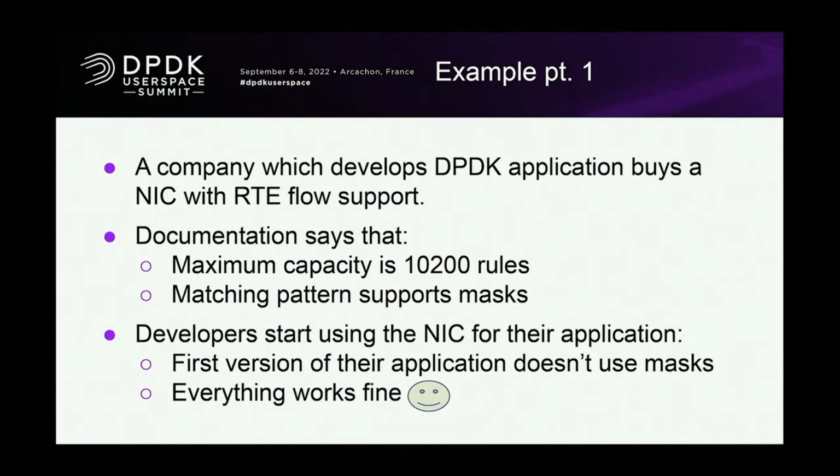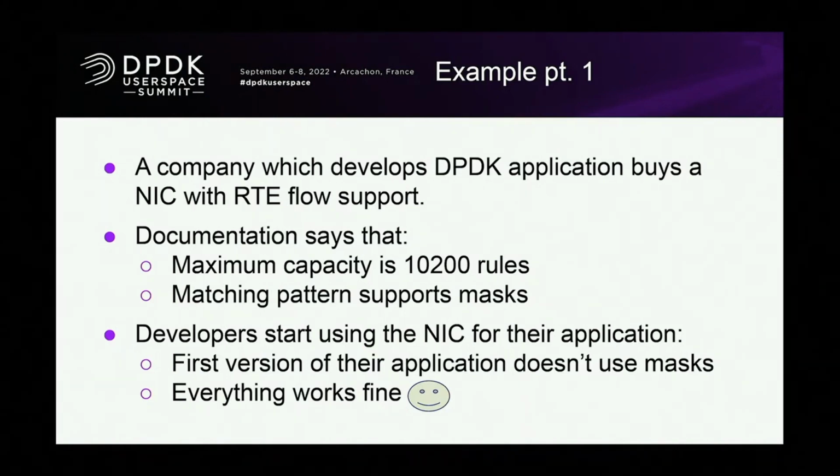Imagine a company which develops a DPDK application and looks for hardware acceleration. So they buy a NIC, and their requirements are that it has to support RTE Flow, they want to offload at least 5,000 rules, and they also want to use masks in the matching pattern.